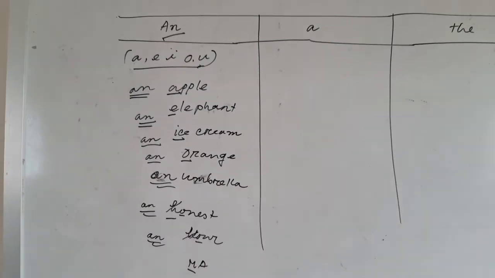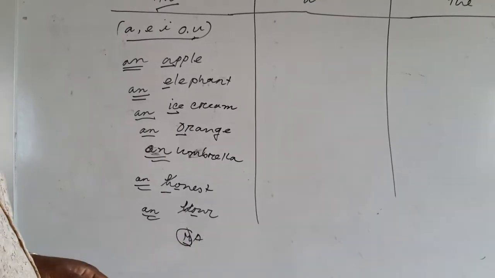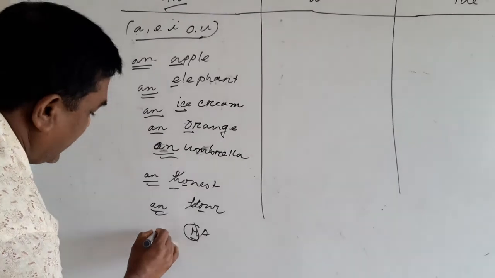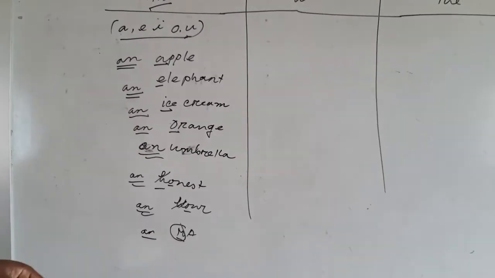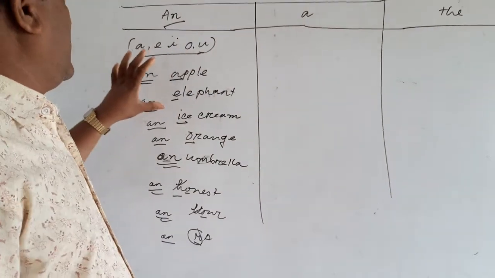MA begins with consonant, but it sounds like vowel, so it also takes N. So we see the use of N.